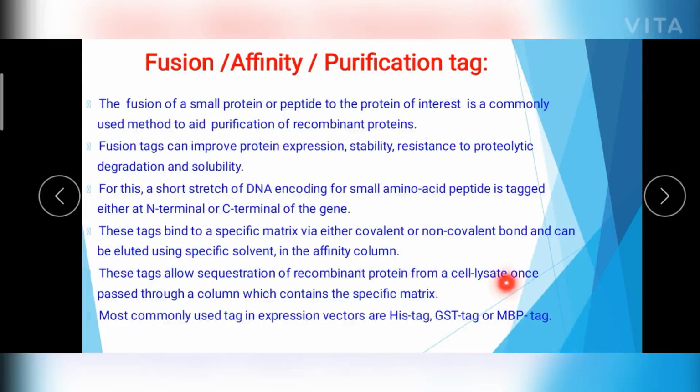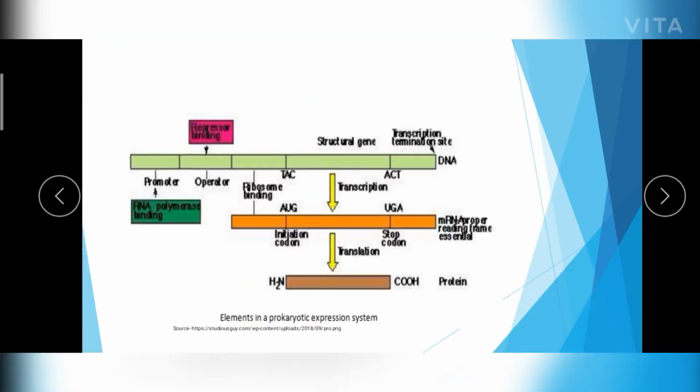Whenever you add the total mixture containing the host proteins and our recombinant protein to the affinity column, the tagged proteins attach to the column and can be easily separated. The most commonly used tags in expression vectors are His tag, GST tag or MBP tag.